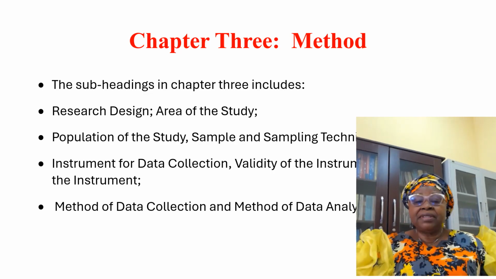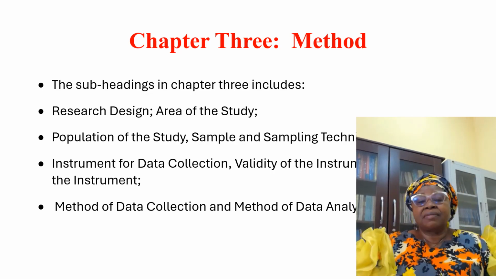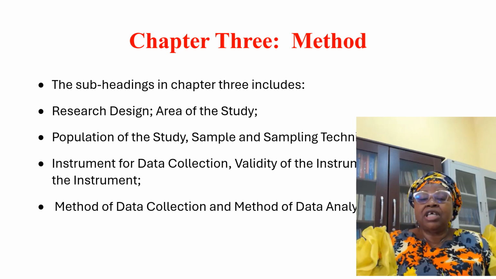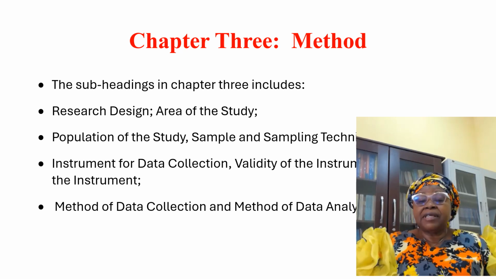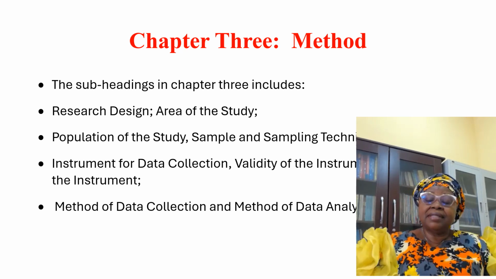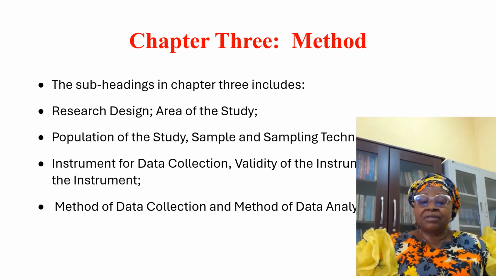Then we have chapter 3, we call it methods. The subheadings in chapter 3 include research design, area of study, population of the study, sample and sampling technique, instrument for data collection, validity of the instrument, reliability of the instrument, method of data collection, and method of data analysis.